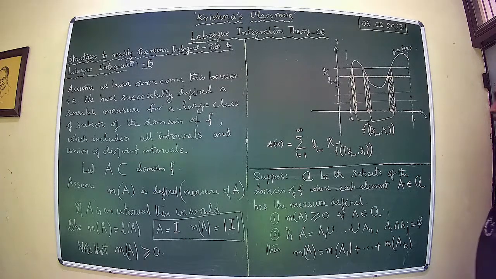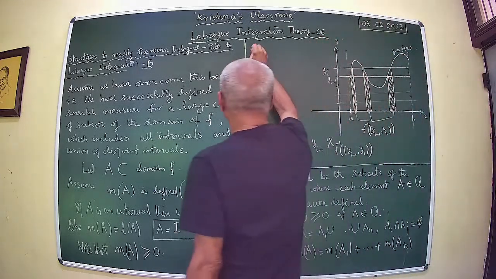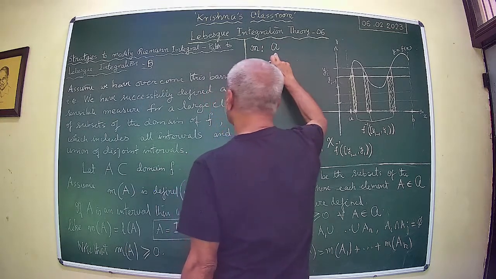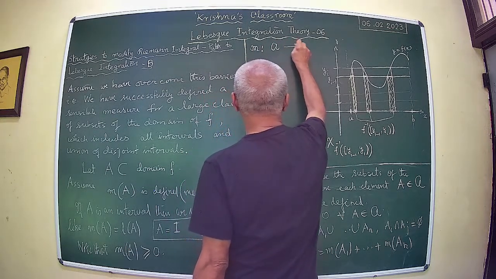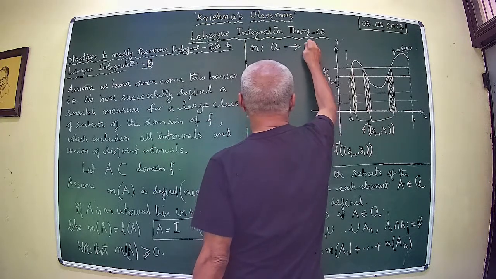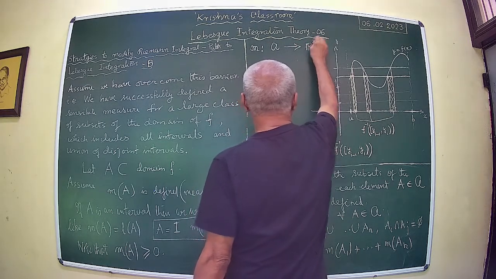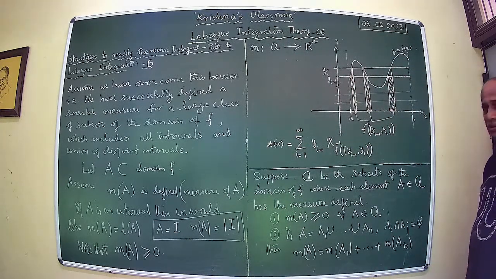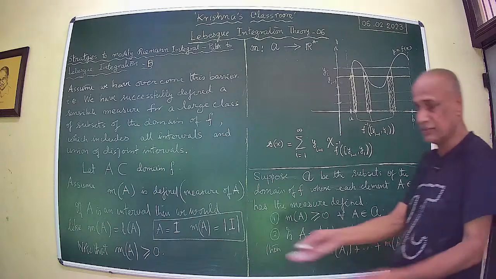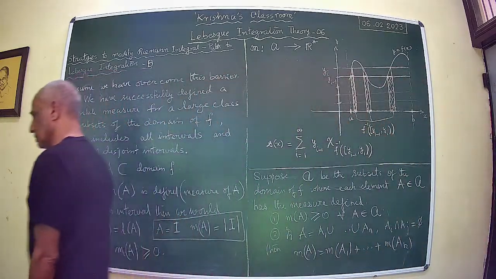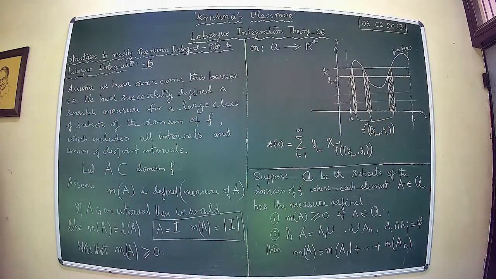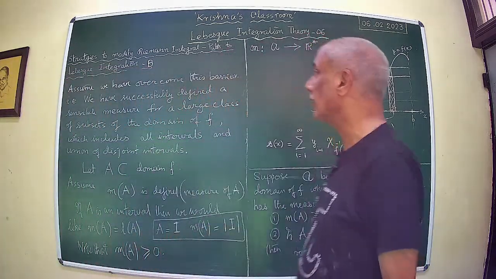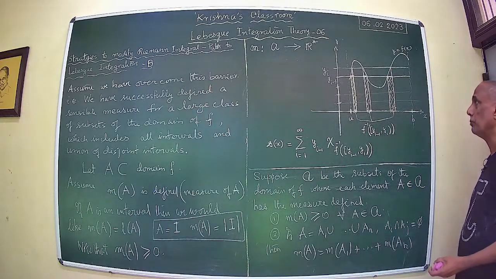So measure is now a map from the collection of subsets into the non-negative reals, and you would keep infinity also, because you have the whole interval. From minus infinity to plus infinity, you would like that length to be equal to infinity also.